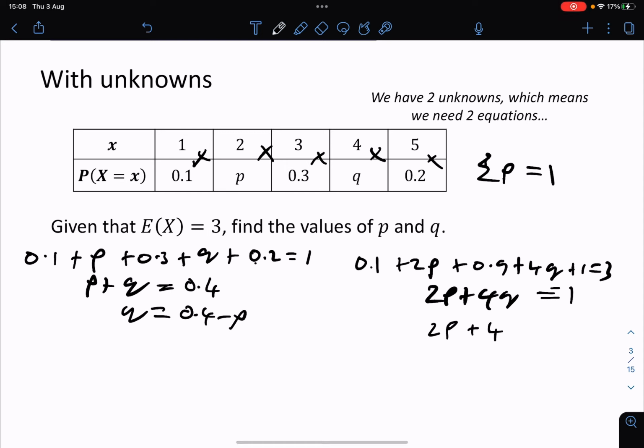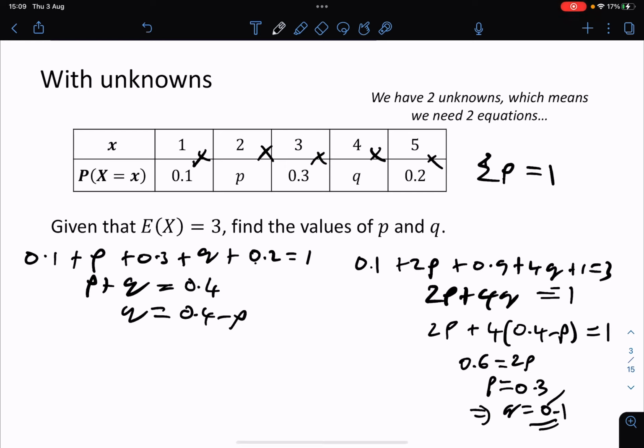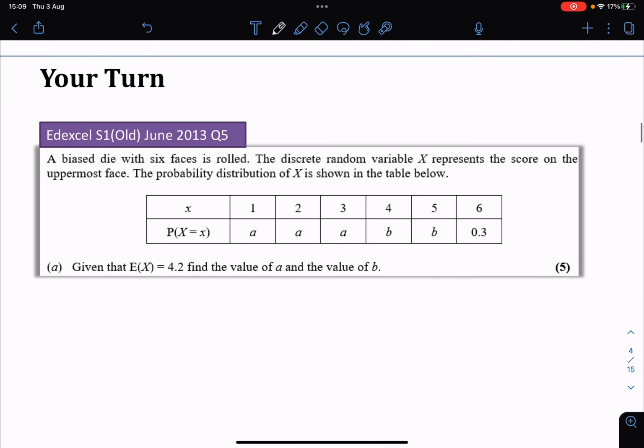So it'll be 4 lots of the q, which we had as 0.4 minus p, and that's going to be equal to 1. Let's quickly solve that. That's going to be 0.6 is 2p. So p is going to be 0.3, which coincidentally means that q is 0.4 minus p, so q is going to be 0.1. Very, very straightforward, but it just gets you used to this method.